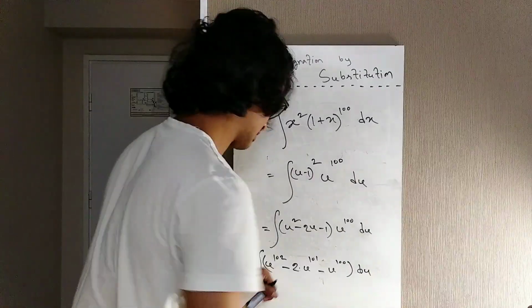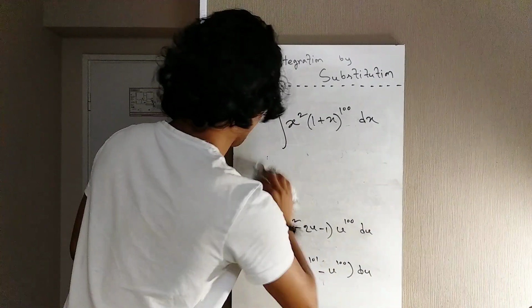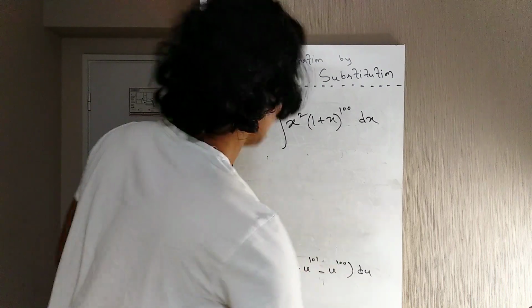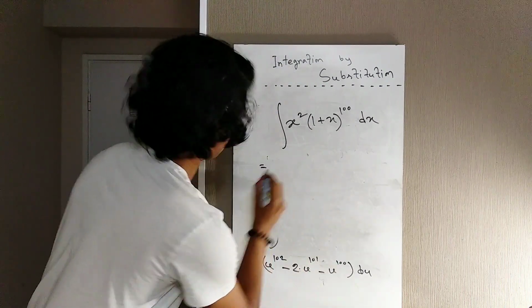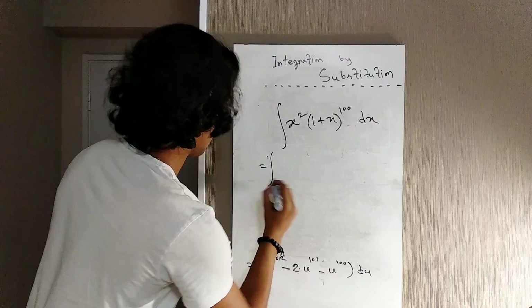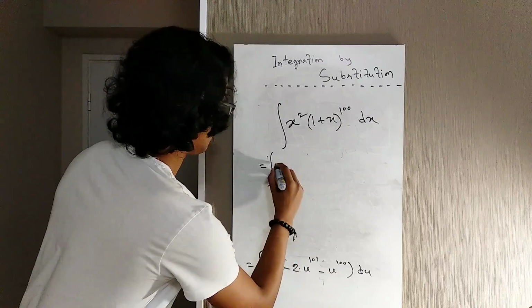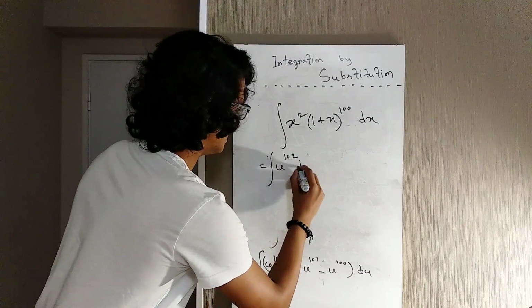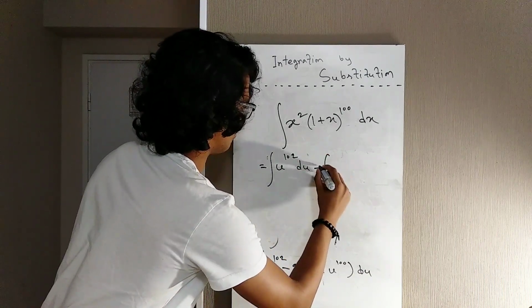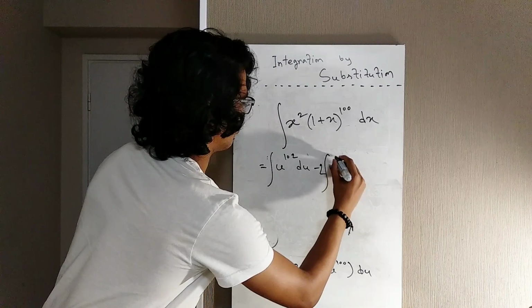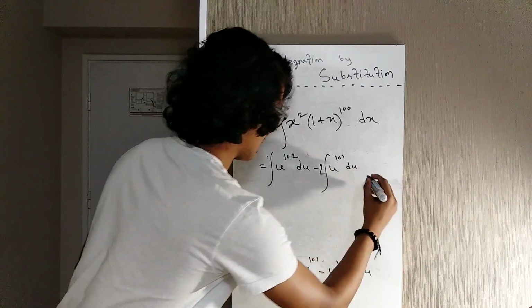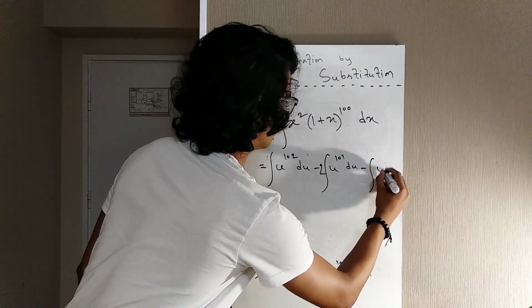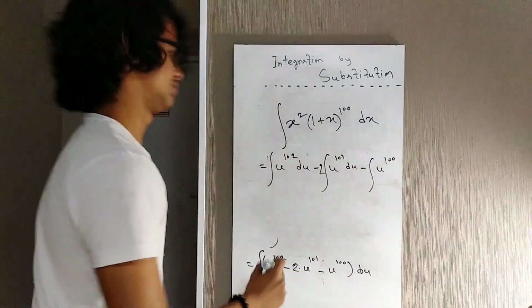So now let me just wipe this part, and then we're going to rearrange it and write it individually. We'll have u power 102 du, minus 2 u power 101 du, plus u power 100 du, right?